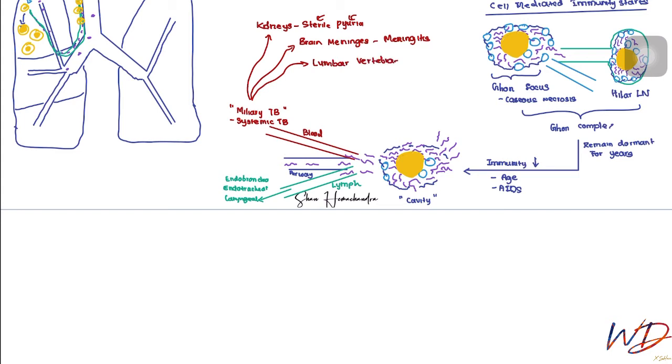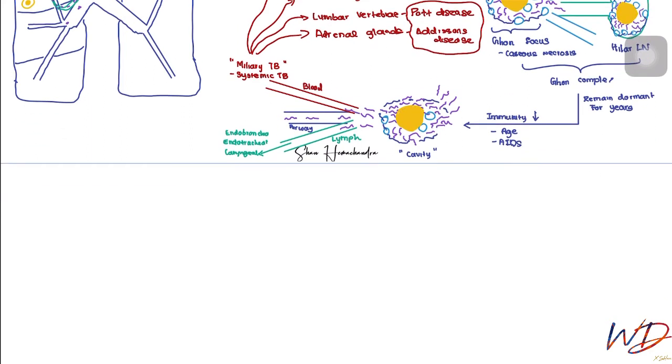It causes a condition called POTS disease. Next, it can go to the adrenal glands and cause Addison's disease. You don't need to know these, just that it can go to basically any organ.